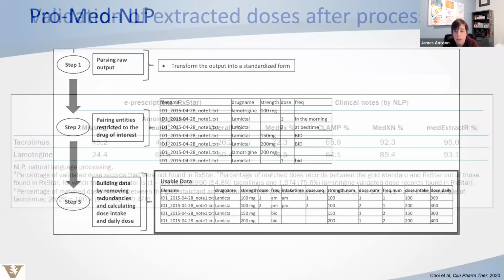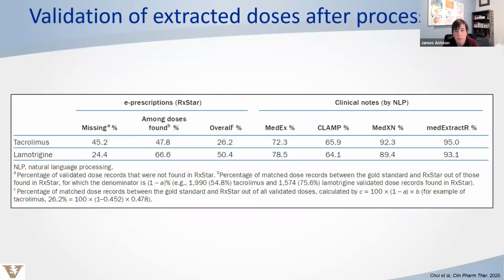When we looked at the Med Extractor program that Lena built, I found this really interesting. I think there's an animation on this slide, Sarah, if you want to go ahead and click through that. So first of all, this is for prescribed outpatient medications, tacrolimus and lamotrigine.